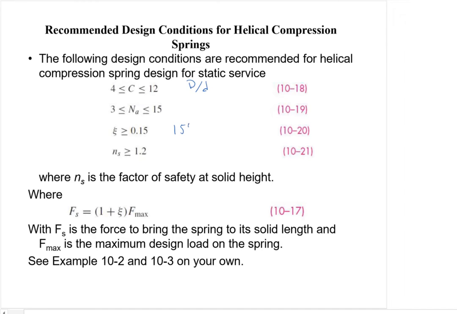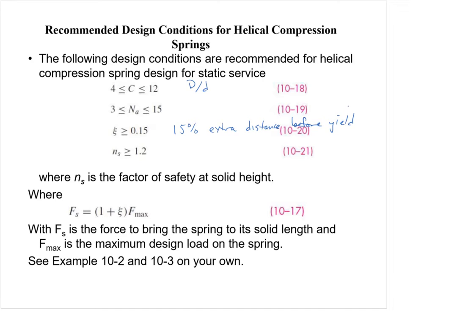I believe what this says is you want 15% extra distance before yield. So if you know what your solid length is or your length to yield, you'd want about a 15% buffer zone.